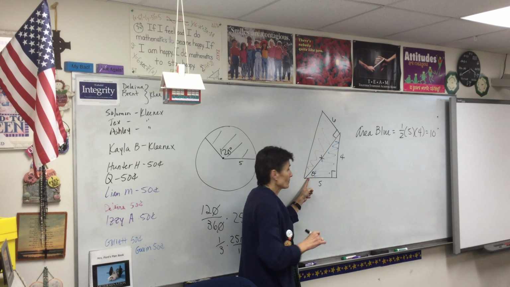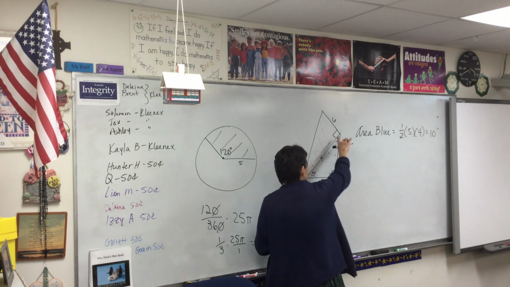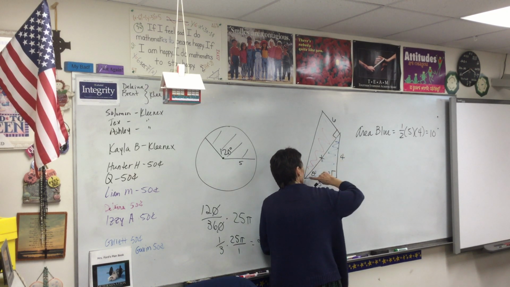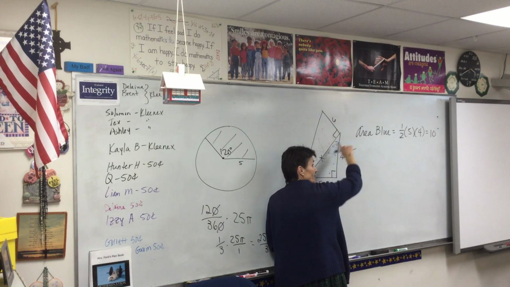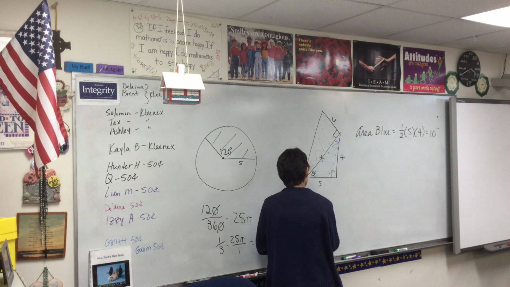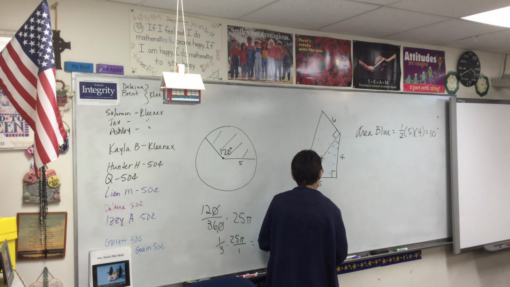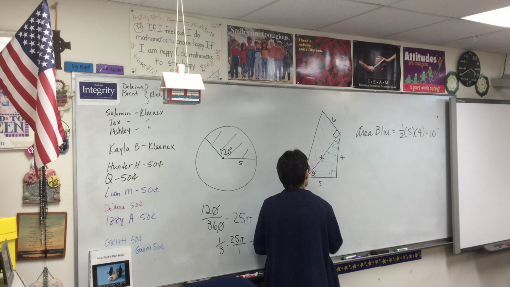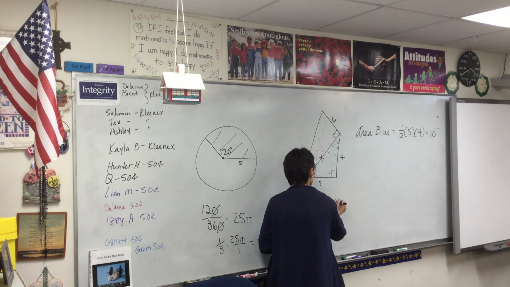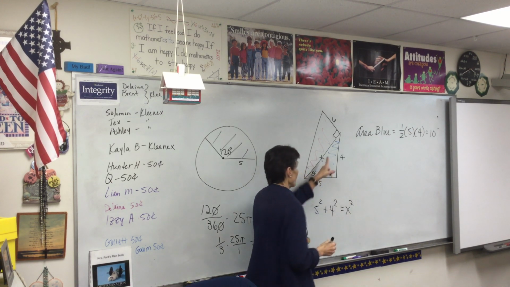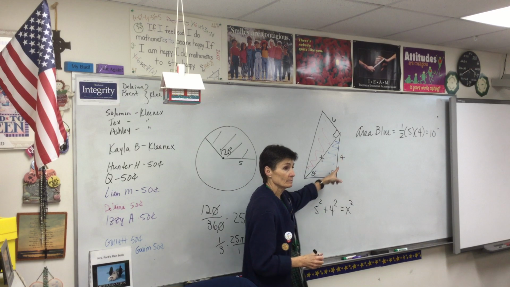And then you know that that's 90. And since that's a 90 there, wouldn't this be the base and the height? So x squared plus 6, no, x, no, I'm in the wrong triangle. 5 squared plus 4 squared equals x squared. I'm in the blue triangle.